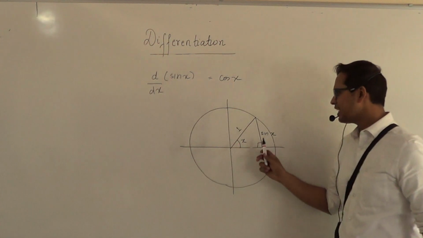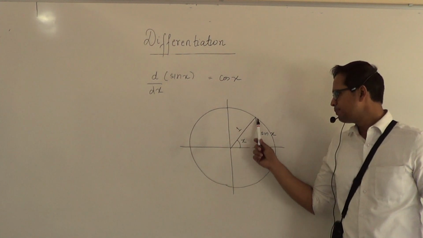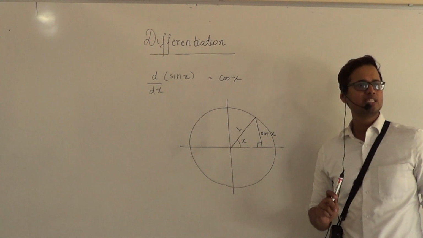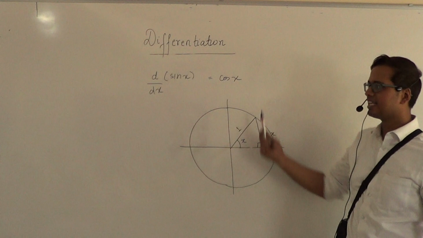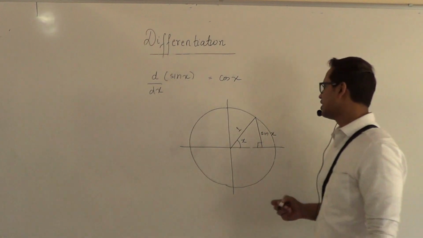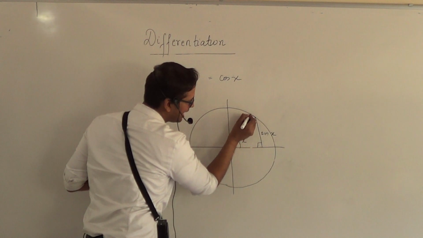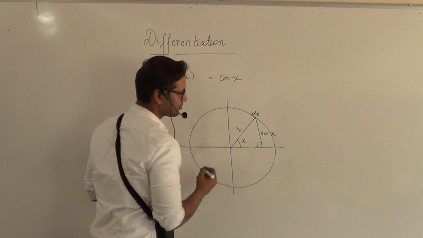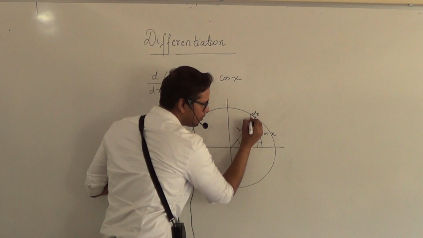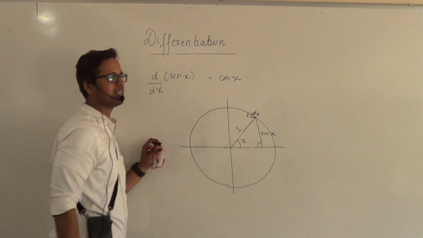So can I say by simple plain trigonometry, the perpendicular of this triangle is going to be sin x. Correct? So basically you are measuring your sin x in this direction. Now I am going to nudge my angle x by, let's say, dx. And I want to know what is the nudge in the height of the triangle.